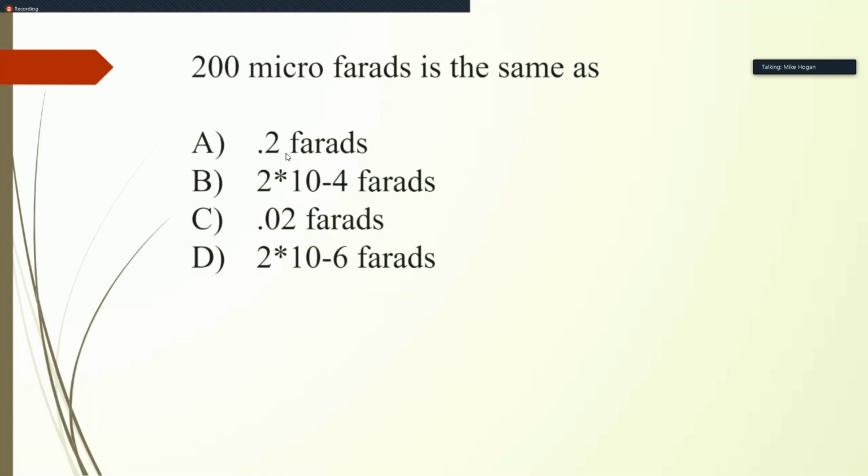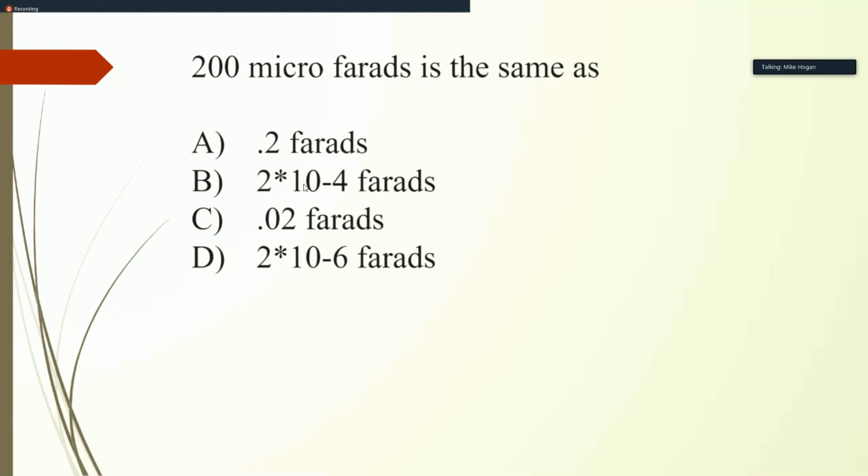If we started off with 200 micro, and we said that this was times 10 to the -6, that just doesn't make any sense, to move the decimal and still be 10 to the -6. That's basically saying that 200 microfarads is equal to 2 microfarads. And so the only answer that could make any sense is B.